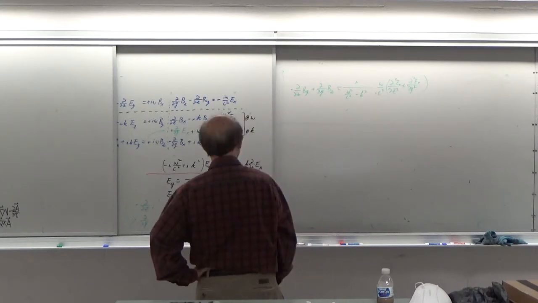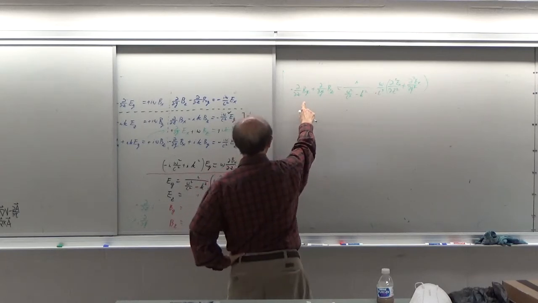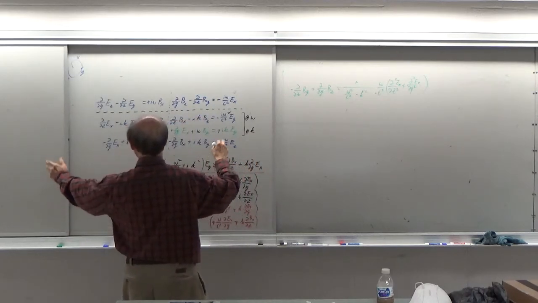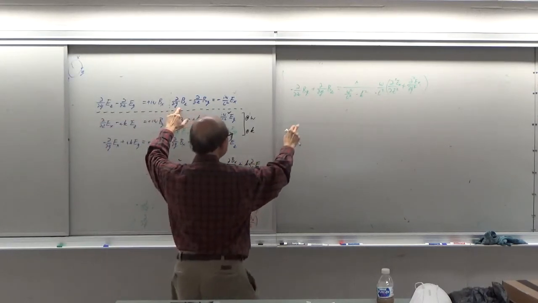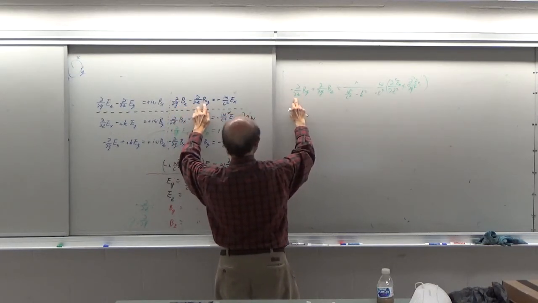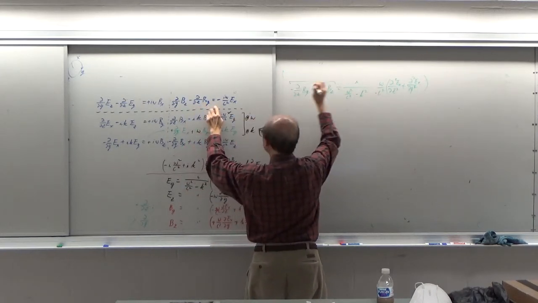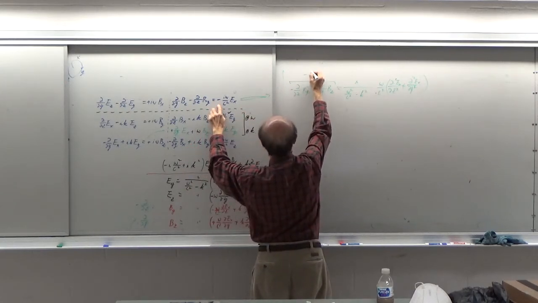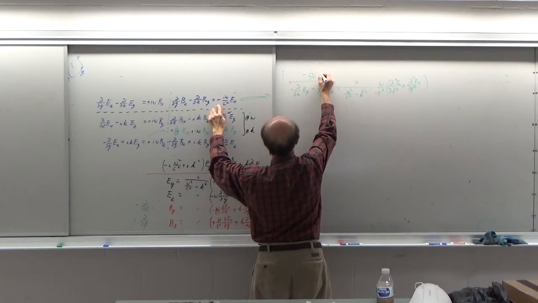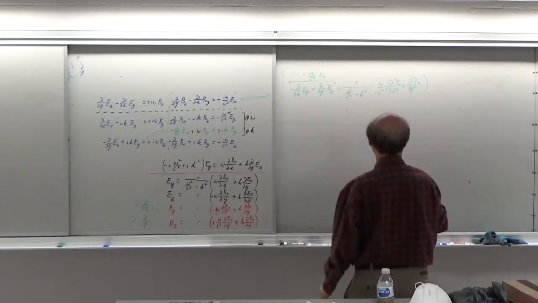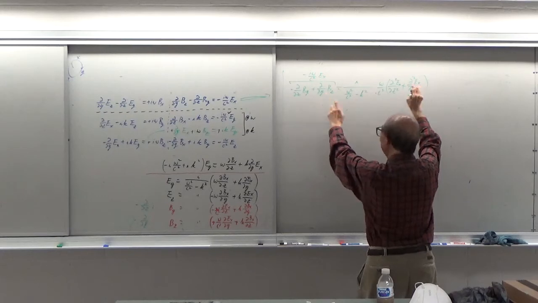Now let me take a look at the left hand side. The left hand side involves del by del y acting on Bz minus del by del z acting on By. So this combination, using this equation, is equal to minus i omega over c squared Ex. Now, we only have the Ex component in the whole equation.